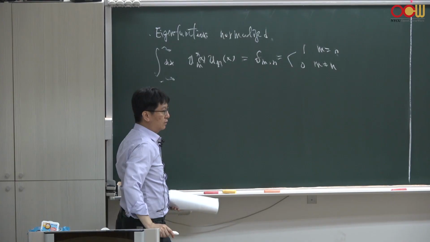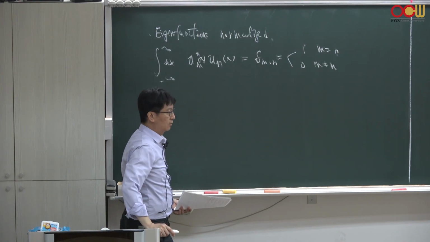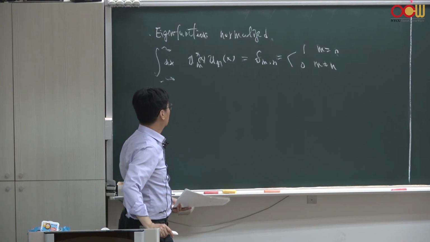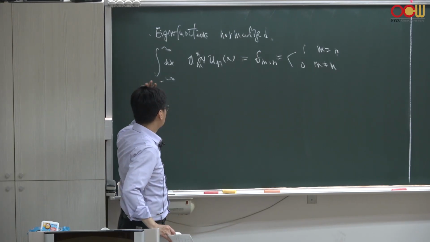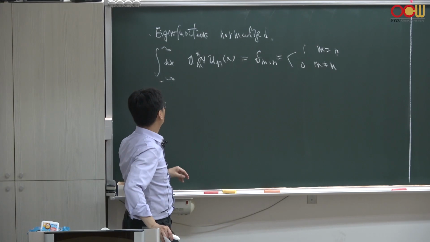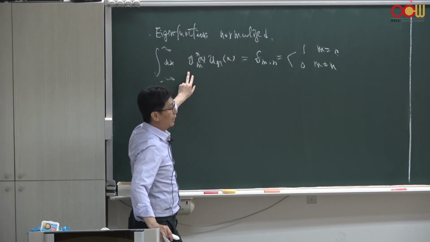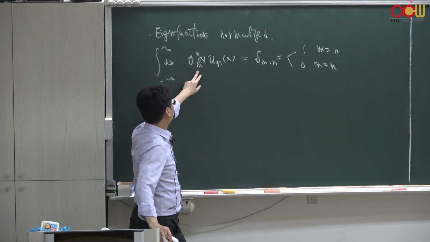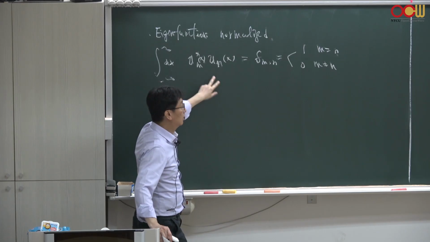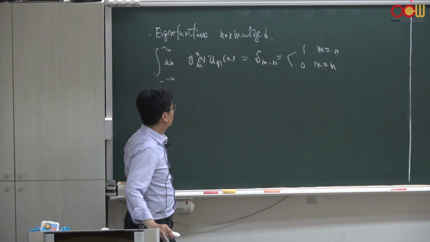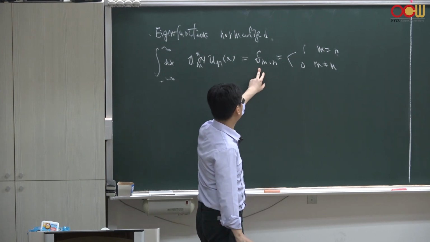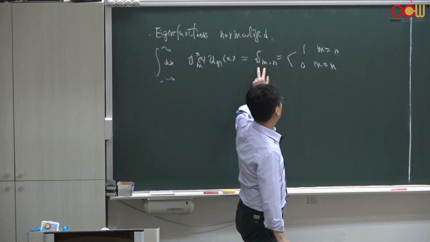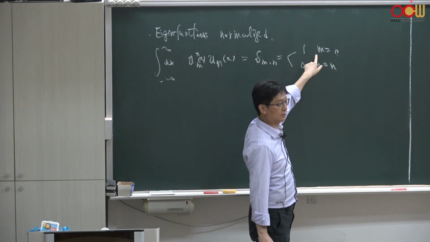Okay, so we discussed the orthogonal properties of different eigenstates, and so let's just normalize this. This is called the orthonormal condition for these eigenstates, which says that if you take the overlap integral between eigenstate m and eigenstate n and integrate over the entire space, you find that this is just a Kronecker delta, delta mn, where this delta gives you 1 if m is the same as n.